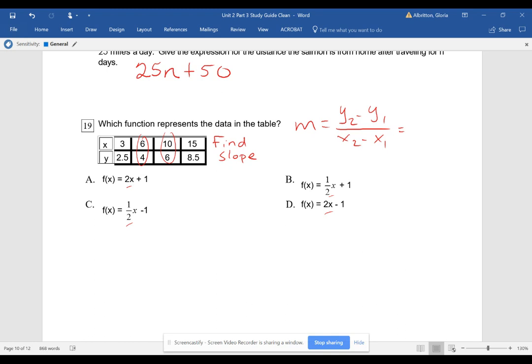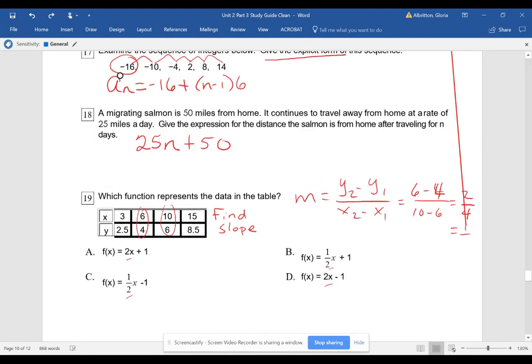So 6 minus 4 over subtract the x's, 10 minus 6. 6 minus 4 gives me 2. 10 minus 6 gives me 4, so that's 1/2. That means my slope is going to be 1/2. Let's clear that up. Slope is 1/2. So I can eliminate A and D.